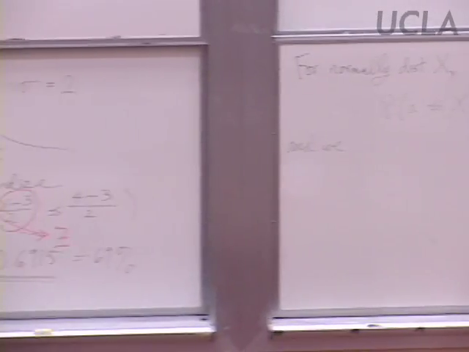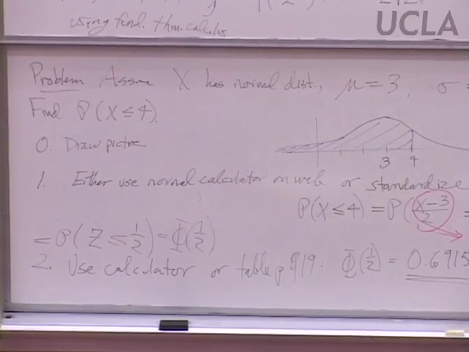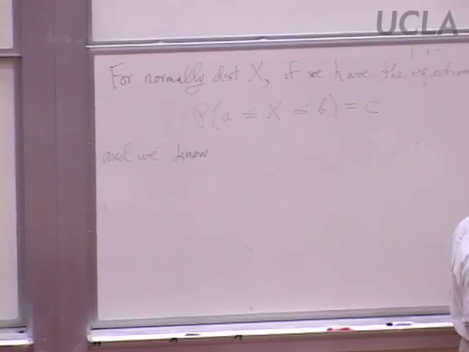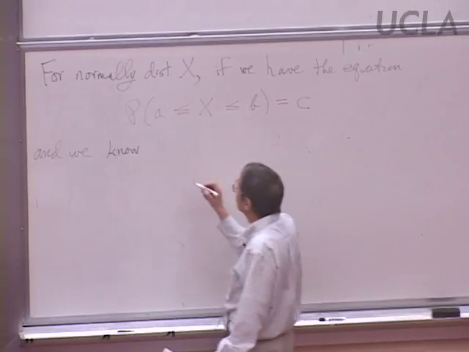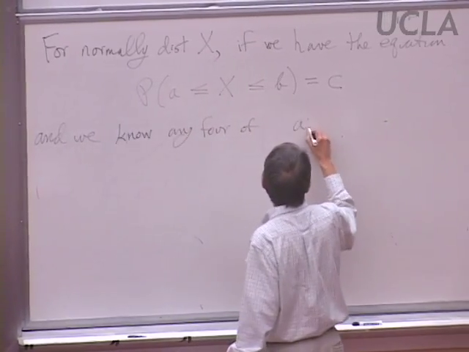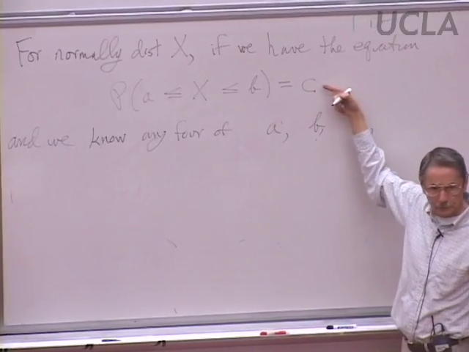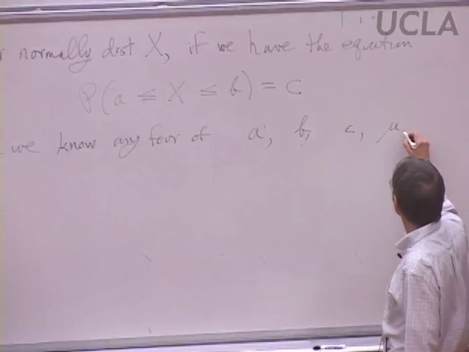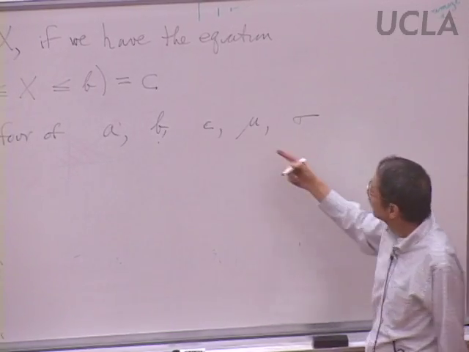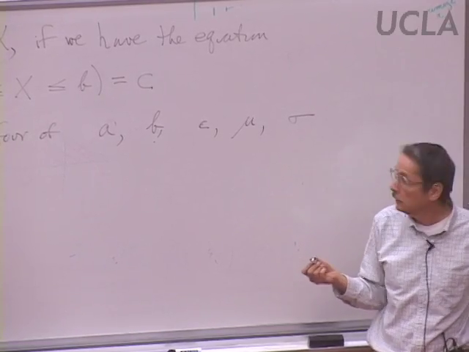A is minus infinity, b is 4. Well, there's 5 numbers floating around here. There's a, there's b, and there's c. And then, less obviously, hidden in this equation, there's the mean of x and the standard deviation of x. So there are these 5 numbers here. If we know any 4, we can find the 5th one.